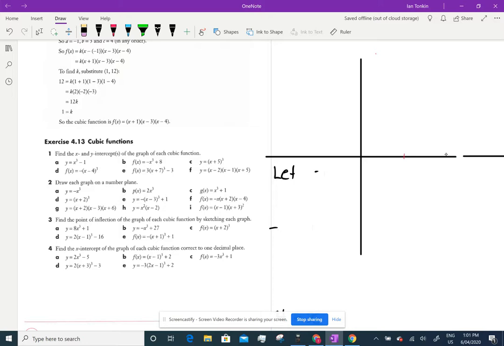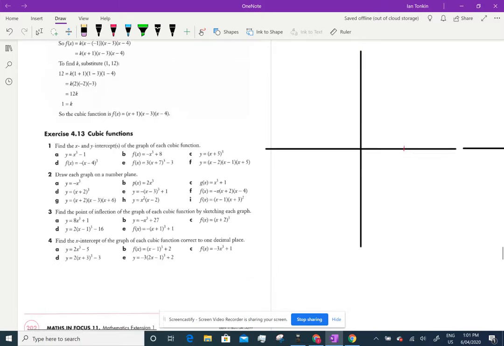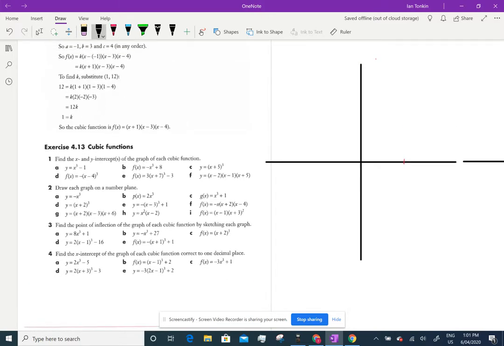So G, y equals x plus 2, x minus 3, x plus 6. It's a positive cubic, so it's going to look like that. And all of a sudden, you haven't seen these before, but you're going to get lumpy bits. You're going to get turning points. You don't have to find these, and they're not symmetrical. So let's find some things out.